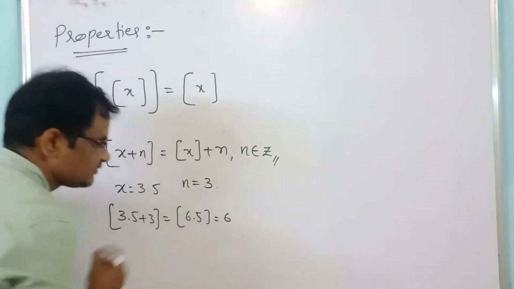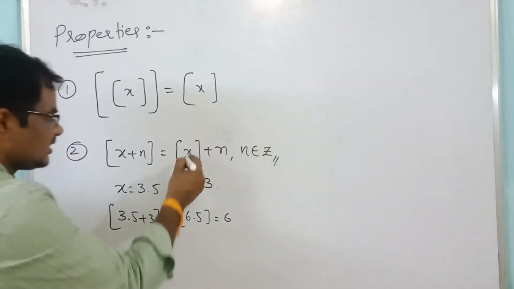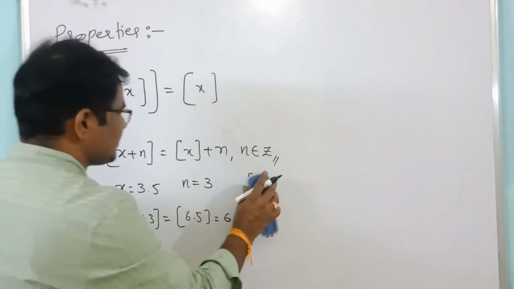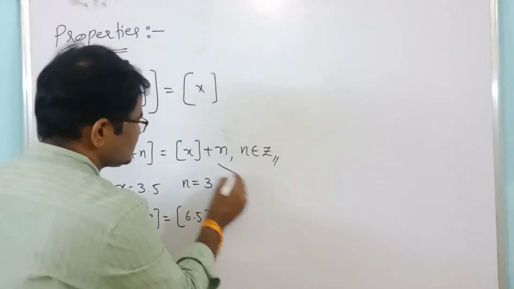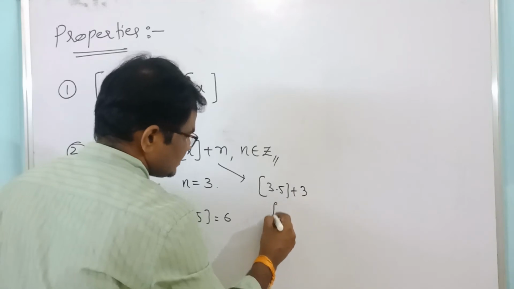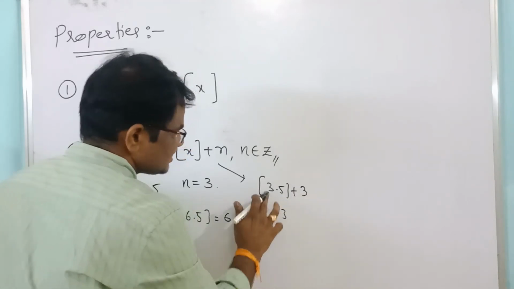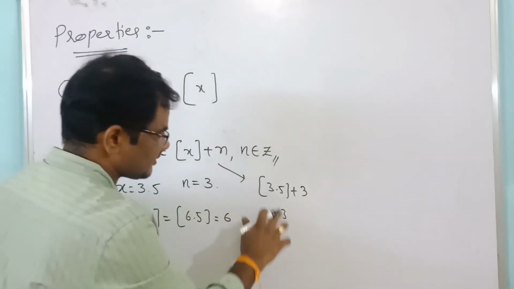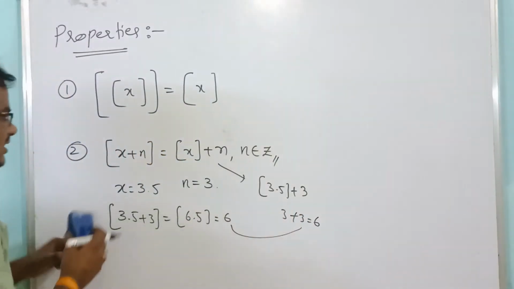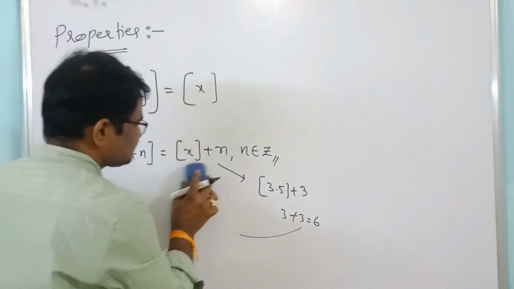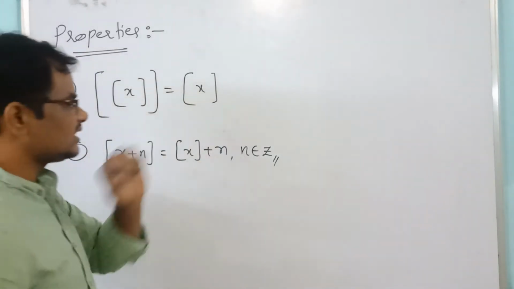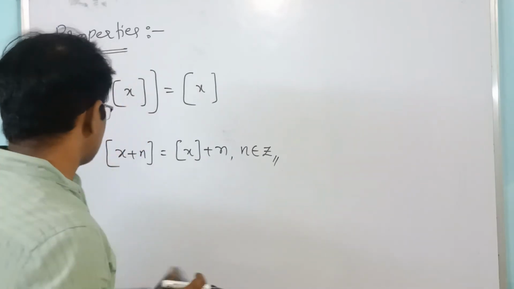The greatest integer of 6.5, its integral part, is 6. On the RHS, the greatest integer of 3.5 is 3, plus 3, that is equal to 6. Satisfied or not? So the greatest integer of x plus n equals the greatest integer of x plus n, but here n should be an integer.